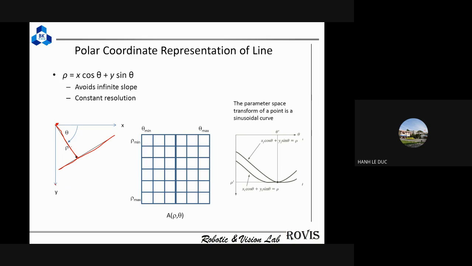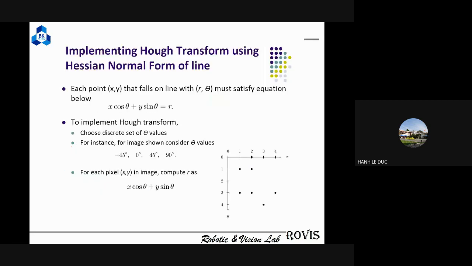And then from here, we will do the Hough transform. Okay, for example, I give you this one. Be careful that we also have a point number 2 here. So let's find the line.